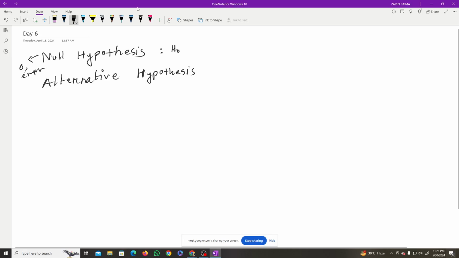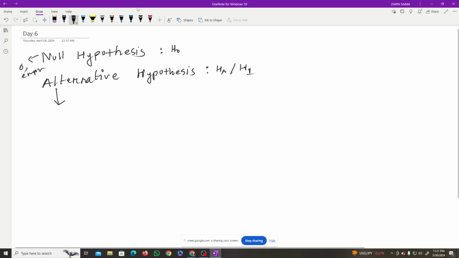And the alternative hypothesis is denoted by HA or H1. Just like we were saying, in hypothesis testing we usually try to reject the null hypothesis, and the null hypothesis is something that is previously researched or previously stated, and our alternative hypothesis is what we are trying to prove.